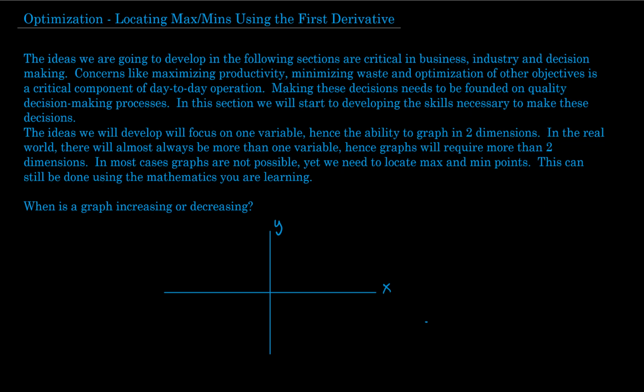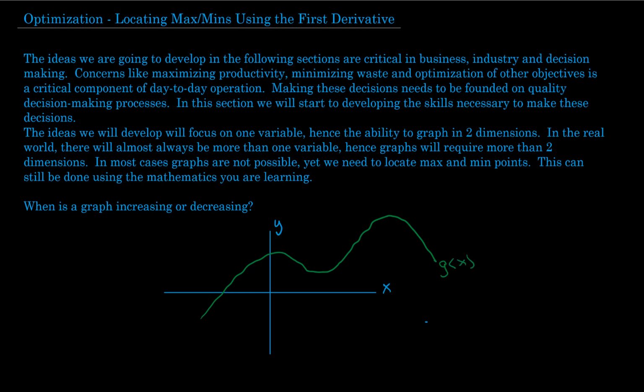So what we're going to develop over the next few videos is a technique for locating maximums and minimums, okay, based on strictly calculus. Now I realize that at this point, you can have graphs like g of x here.